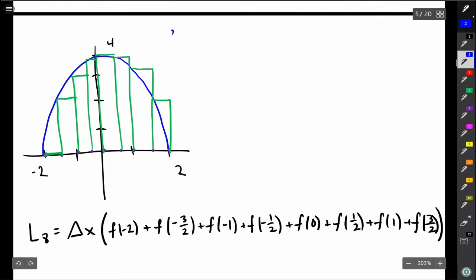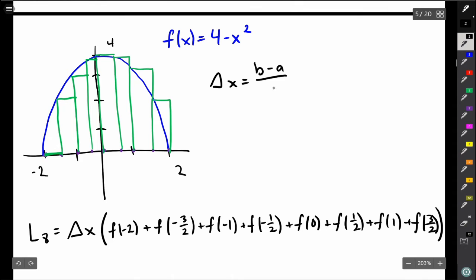So again here, just a reminder, we're looking at f of x equals 4 minus x squared. Okay, delta x is going to be, again, b minus a over n. In this case, b minus a over 8. So let's put the n here. All right.